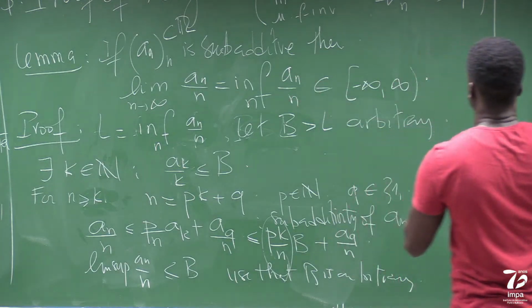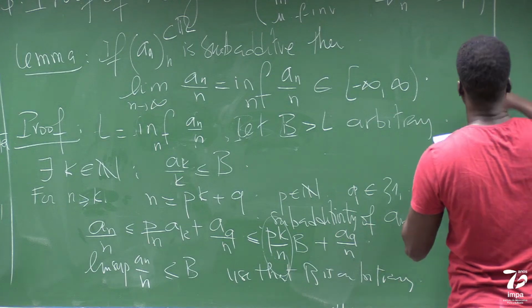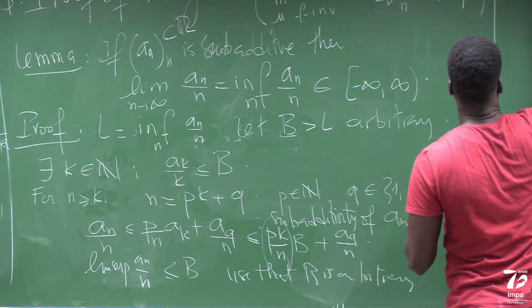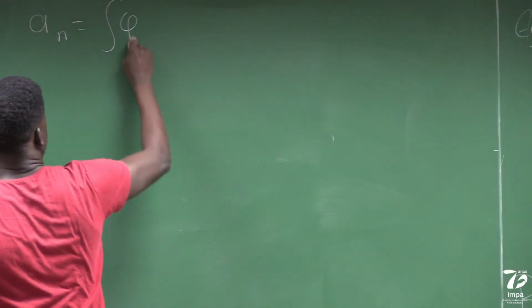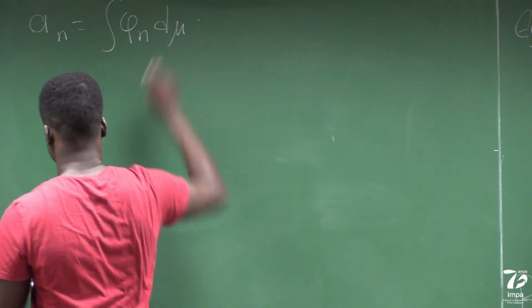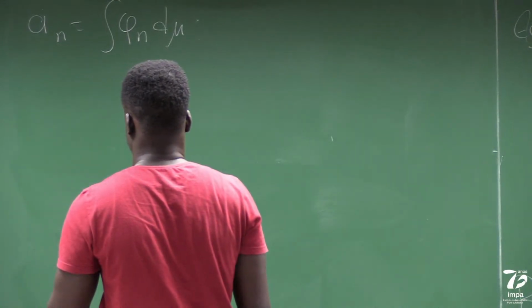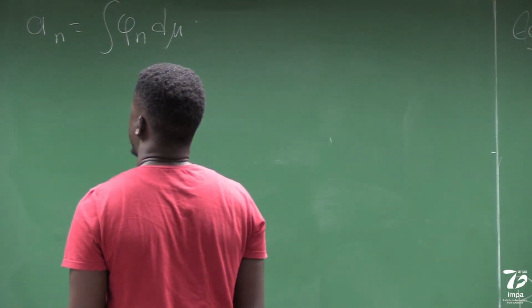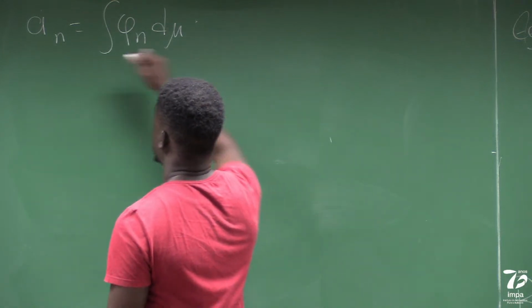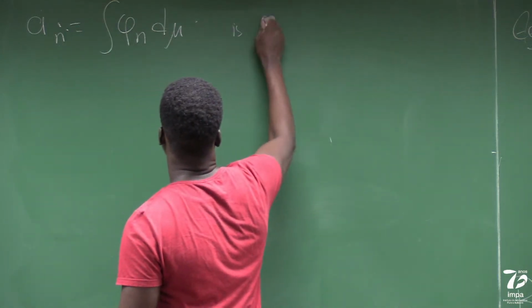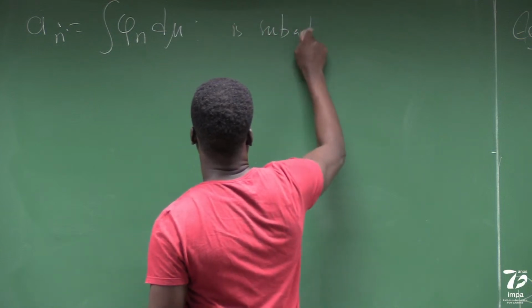We define a n to be the integral of this one, so a n to be the integral of phi n d mu. So phi n being sub-additive implies that a n is sub-additive.